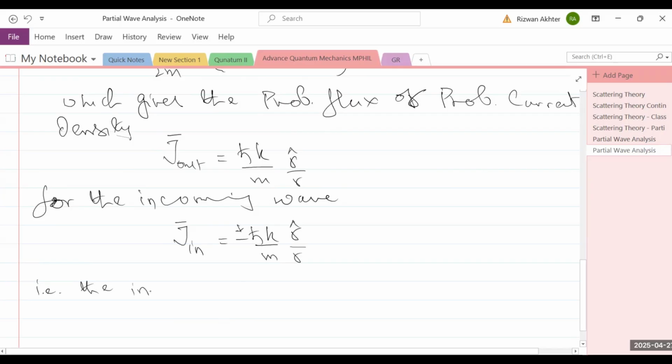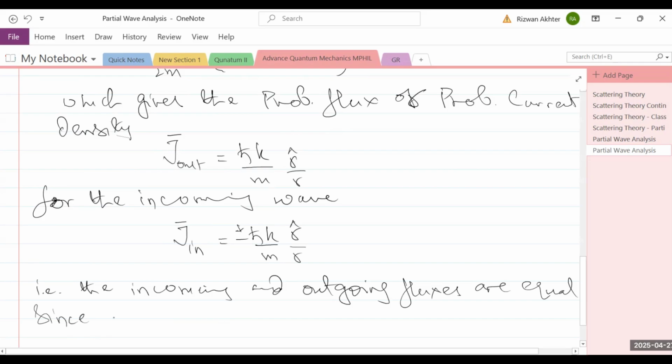So the incoming and outgoing fluxes are equal, since no particle is created, nor any particle is destroyed.